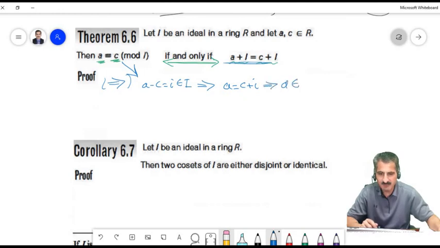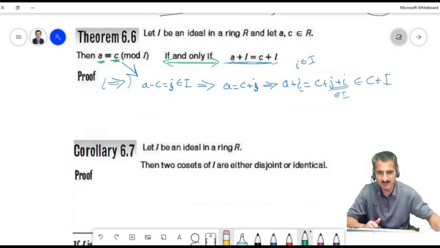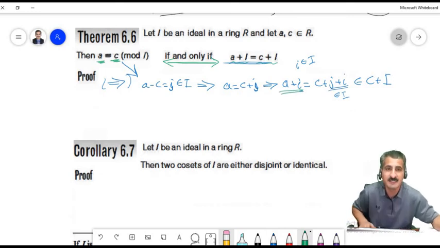Let me choose this to be j, and that means A plus I equals C plus j plus I, where I is any element from the ideal I. But this also belongs to I, so this belongs to C plus I. So what I have proved here is that A plus any small i belongs to C plus I.